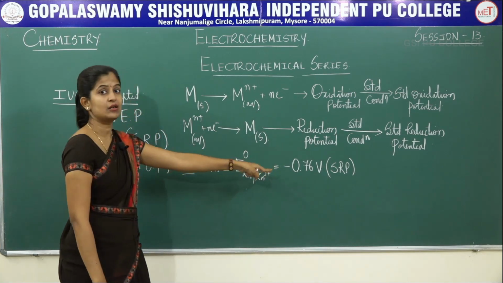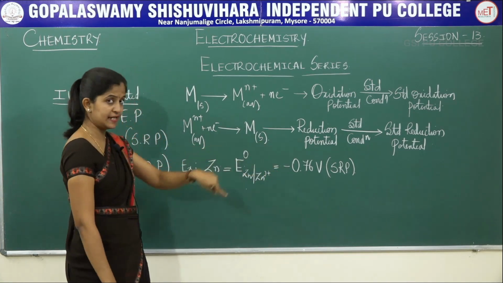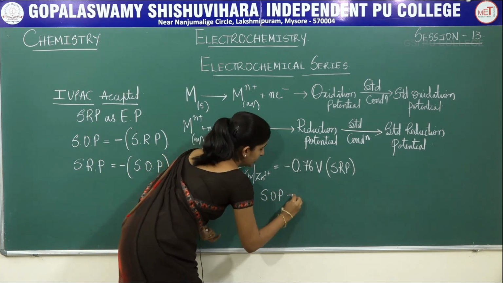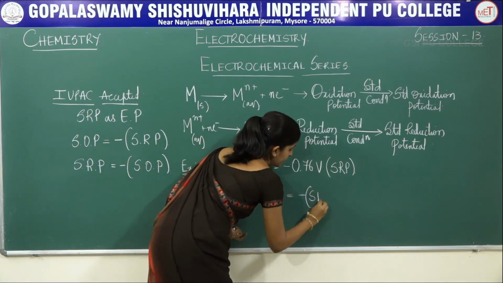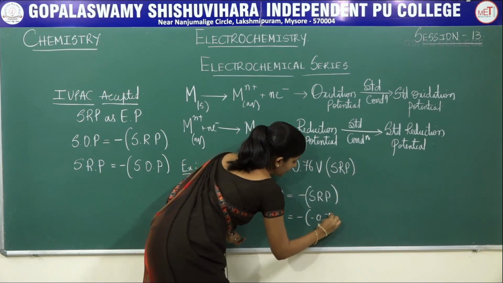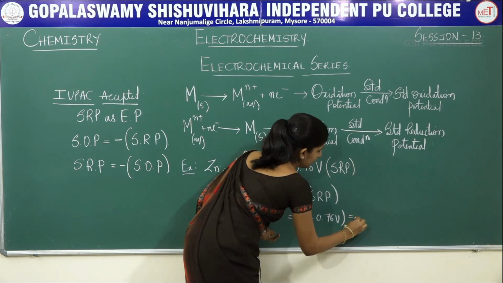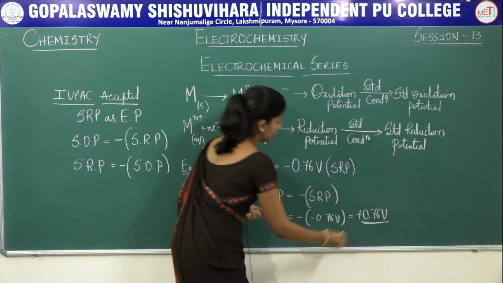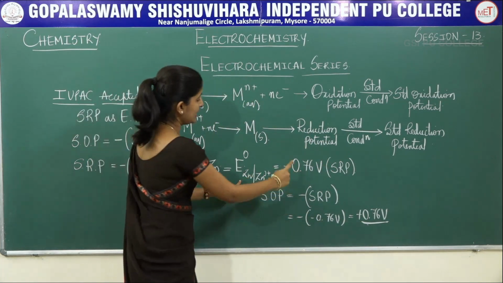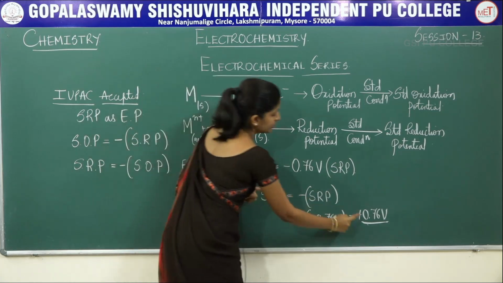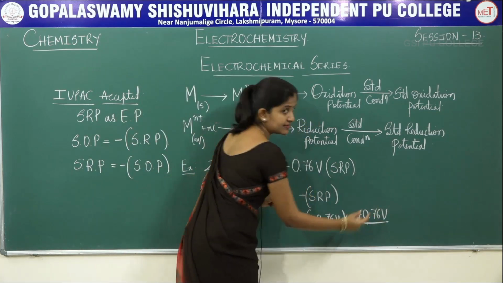If I want its standard oxidation potential, it is equal to minus of the standard reduction potential. So it becomes minus of minus 0.76 volt, which is equal to plus 0.76 volt.